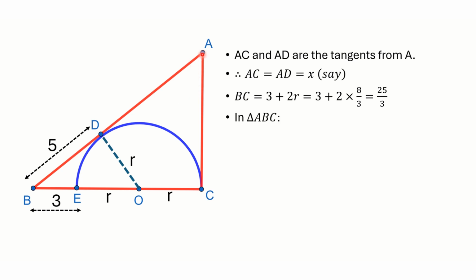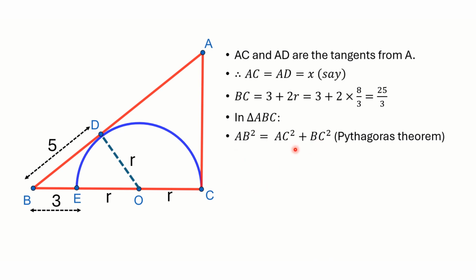Now let us consider triangle ABC. This is a right angle triangle because there is a 90-degree angle here. This is given in the problem. And this is the hypotenuse. So we can again apply Pythagoras theorem. So if I apply Pythagoras theorem, I can say AB square is equal to AC square plus BC square.